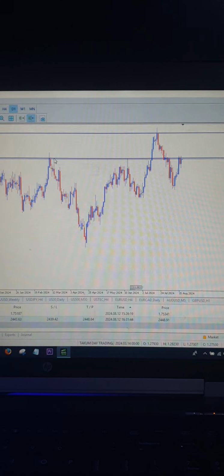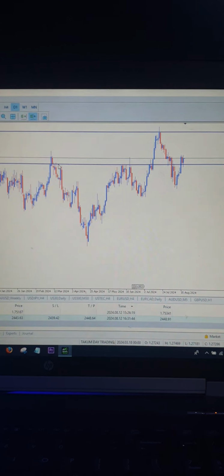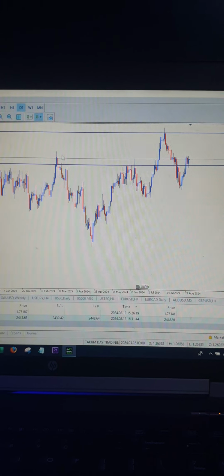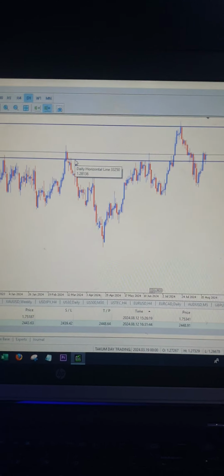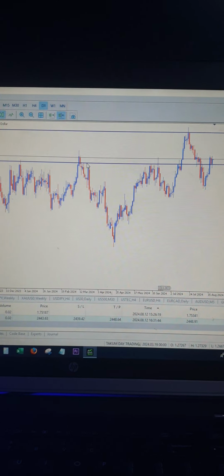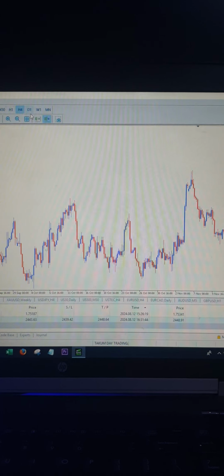Possibly when I look here, you see that there's a lot of resistance here. One, two, three. I deliberately put it here because I'm on the daily chart, or maybe I even go to a 4 hour chart.